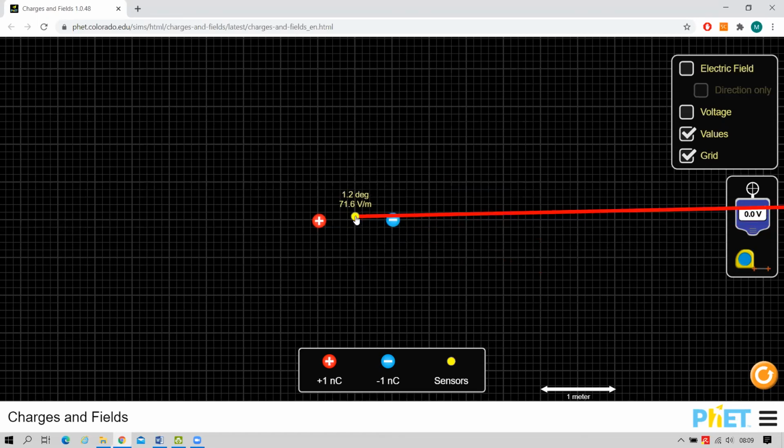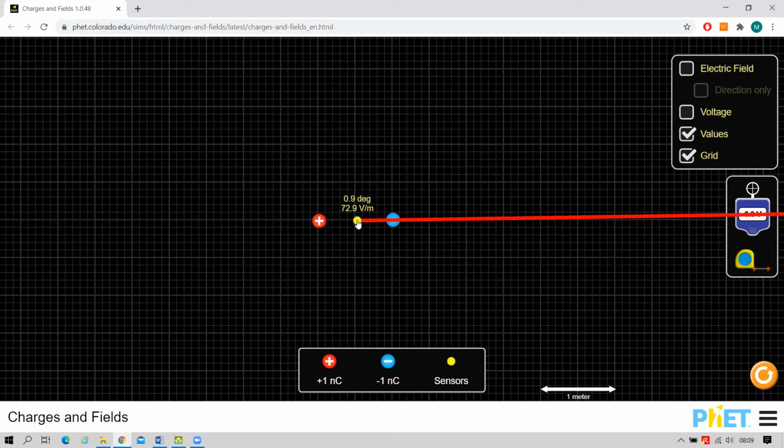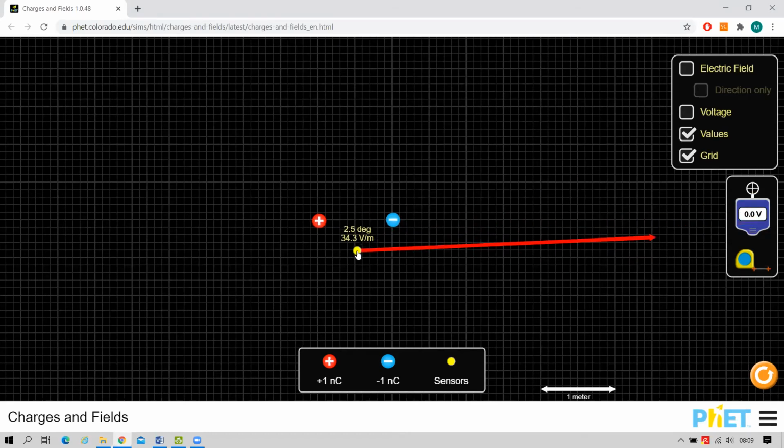As I move along the y-axis, it seems that the direction of the electric field doesn't change. It is always pointing to the right, on the negative axis and also on the positive axis.